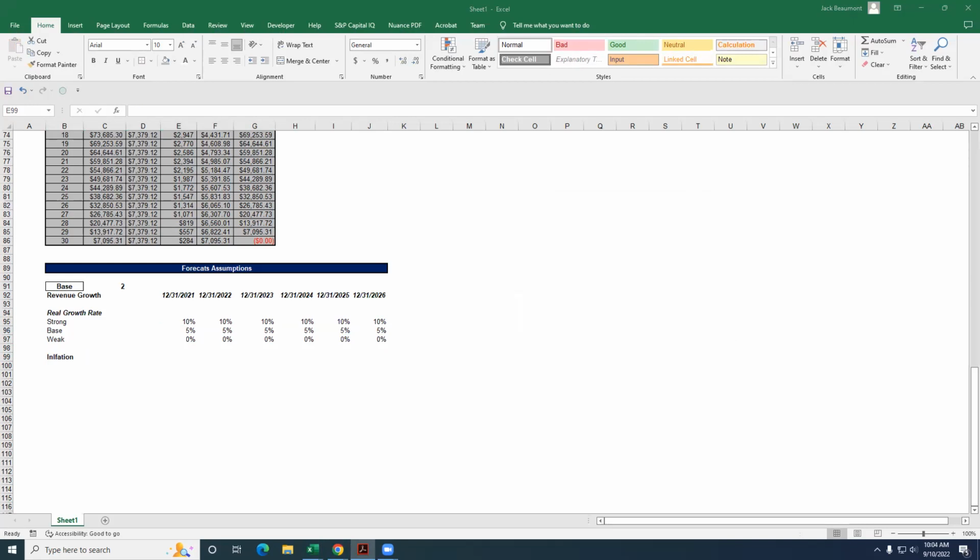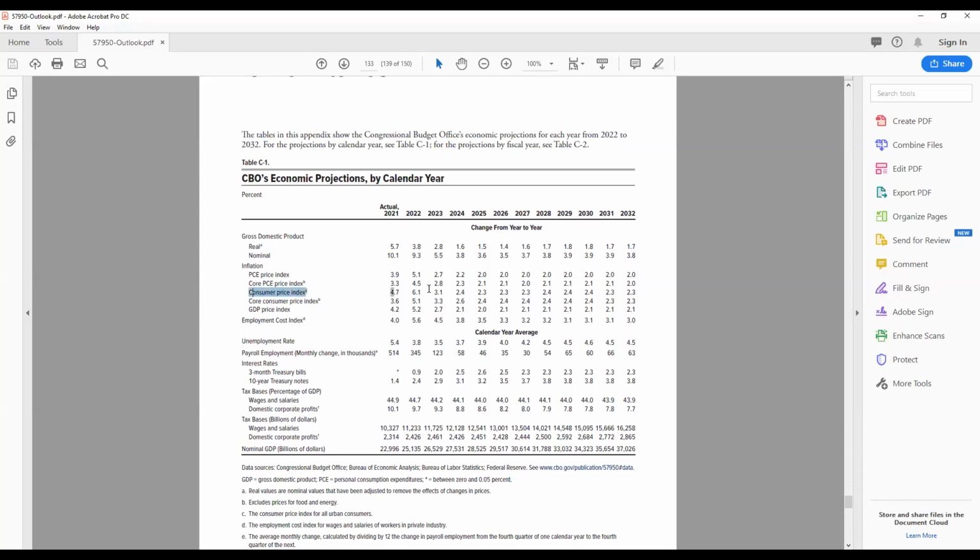Okay, share. So here we're looking at the consumer price index. For 2021, we're looking for the future. So actually, I don't need data in here.